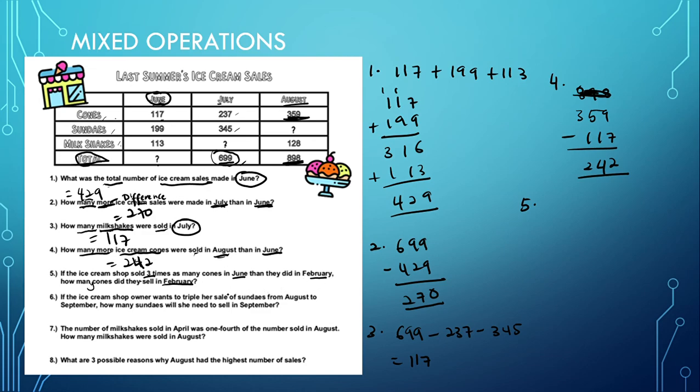Meaning that in June you made 3 times the February.